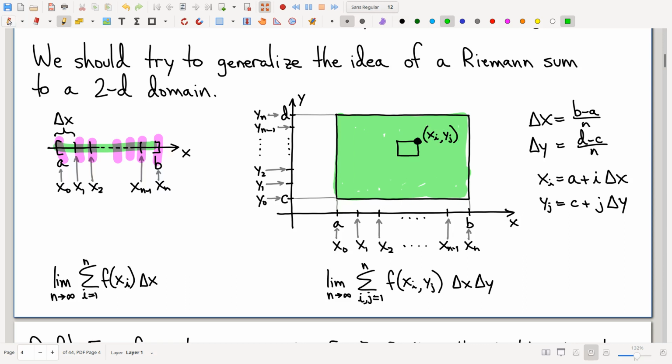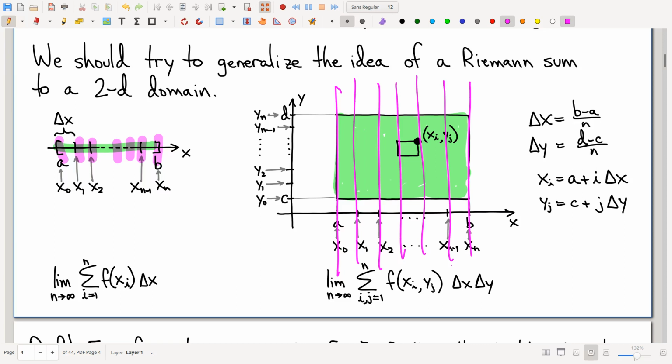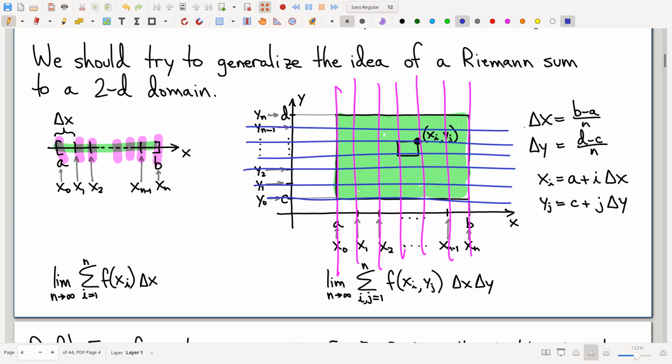And how are we going to do that? Well, I'm going to slice like so. That worked out better than I expected. And then I'm going to slice it again, like so.